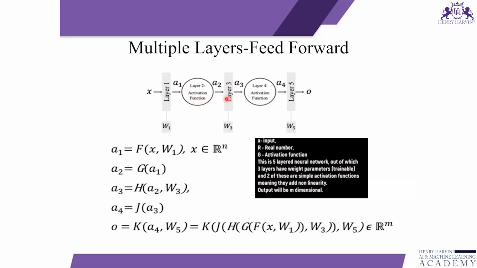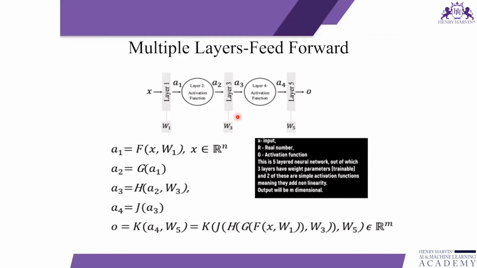Similarly, the third layer, which could again be a layer which has learnable parameters, for example, a convolutional or a fully connected layer, and the input to this layer is A2, right? So it takes the input A2, and also it has weight parameters W3, which we will compute a function over. And the output of the layer is A3.